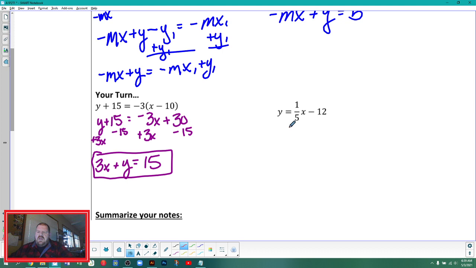This next one here, as I talked about up above, I'm just going to subtract the 1/5 x. And that's really going to get me where I want to be. I have negative 1/5 x plus y equals negative 12. So here's an issue, and I will say that the verdict's kind of out on whether or not this standard form can have fractions or decimals.